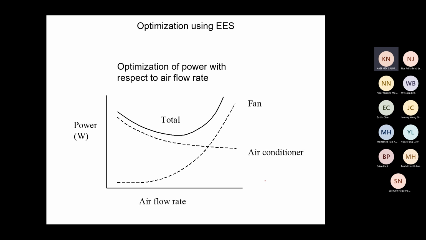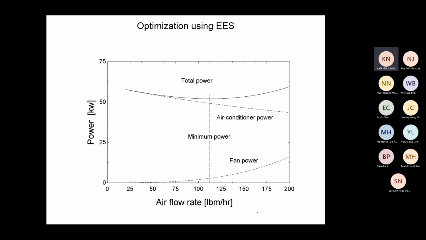With this optimization using Engineering Equation Solver, we can see the power with the flow rate. We see that the fan power increases and the air conditioning power decreases. If we consider the total, we get the optimization from the bottom line of it.